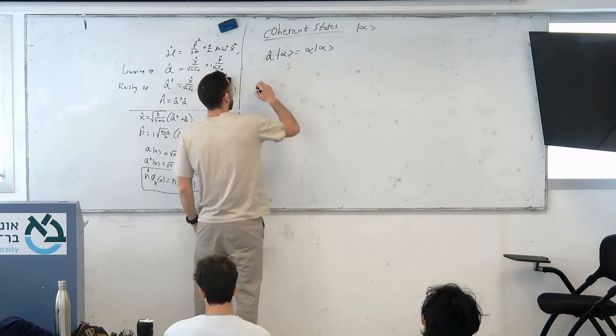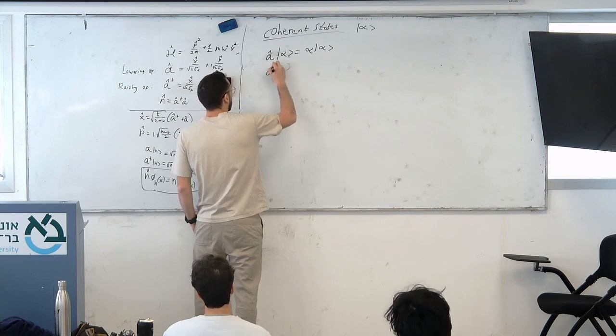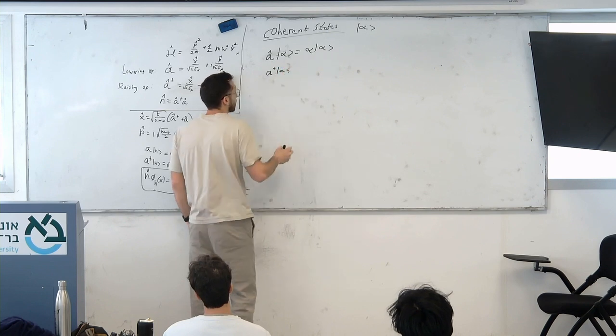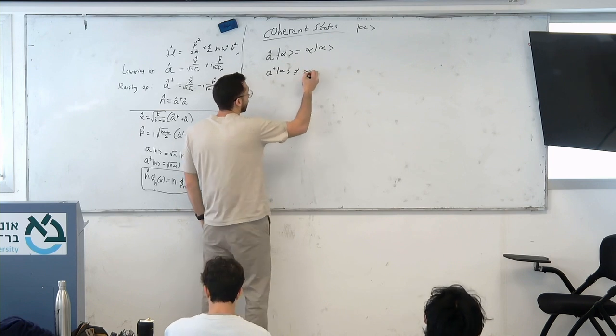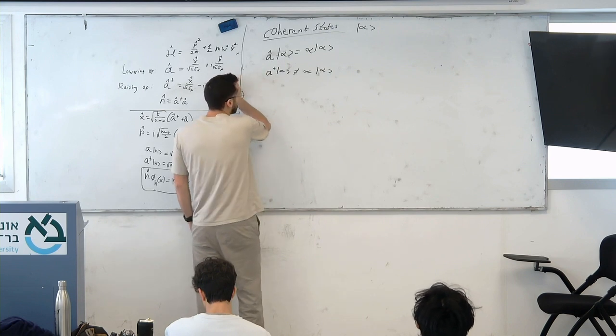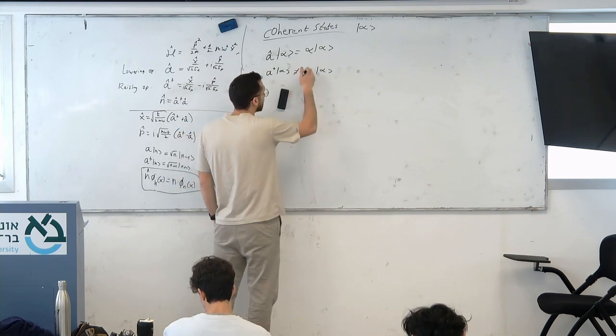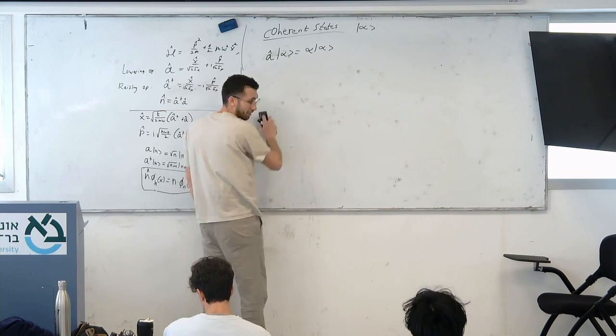If you want to see what happens when we apply a dagger on alpha, it's not going to be equal necessarily. It depends on alpha. It doesn't have to be some eigenstate times alpha. What is it?